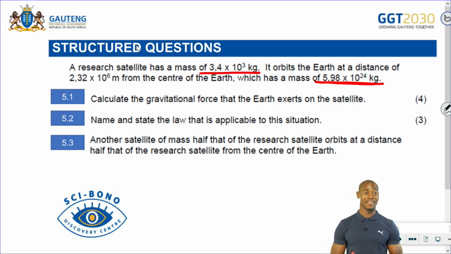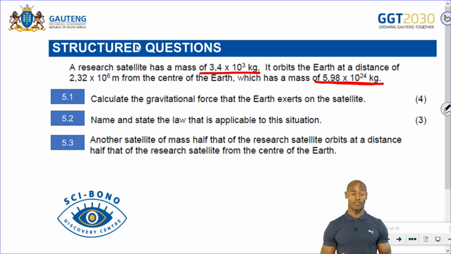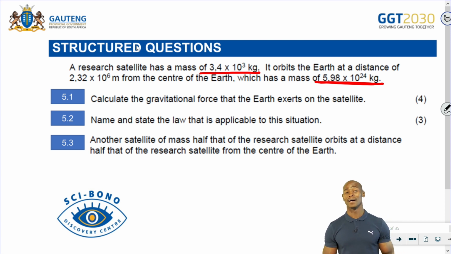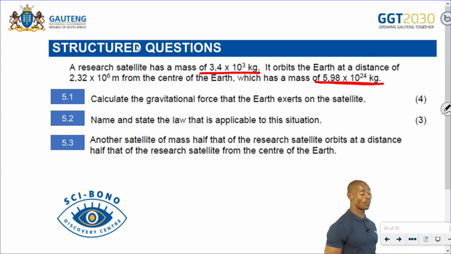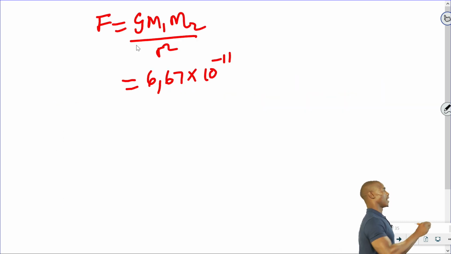The mass of satellite A is 3.4 times 10 to the power 3. So if the mass of satellite A is 3.4 times 10 to the power 3, what about the mass of satellite B? We are told it is half the mass of satellite A, so we'll divide that 3.4 by 2.